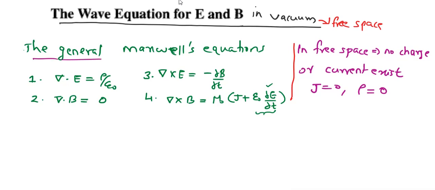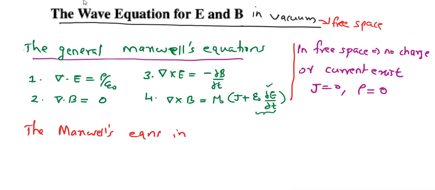Therefore, this was the general Maxwell equation, and we apply these changes into it. Therefore, we can write the Maxwell equations in free space. What will be the changes? The first Maxwell equation, here rho will be 0, therefore we can write del dot E is 0.